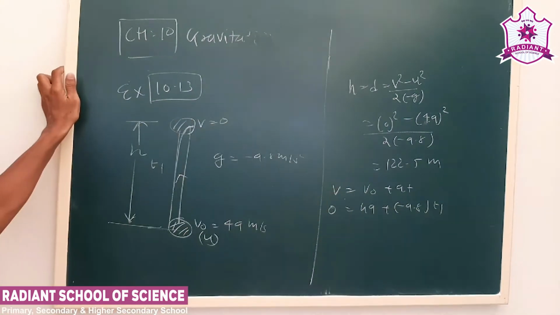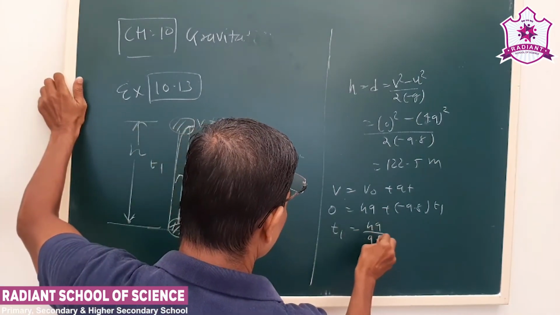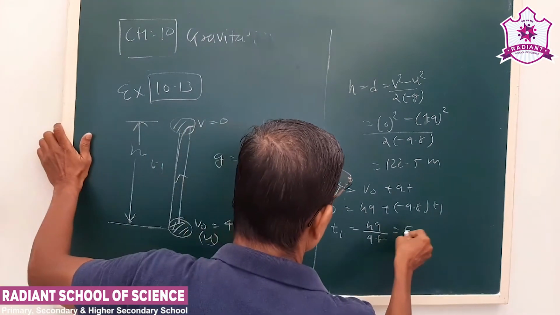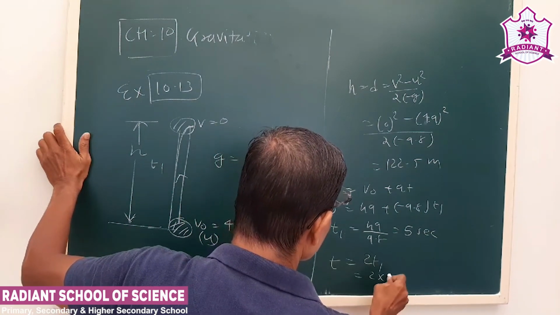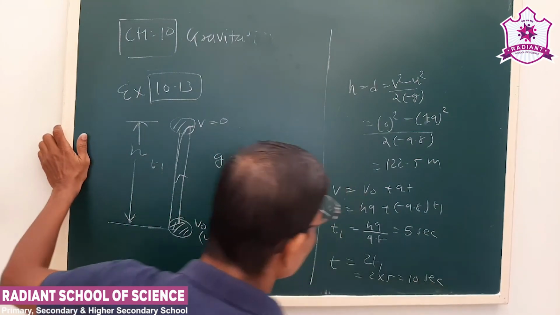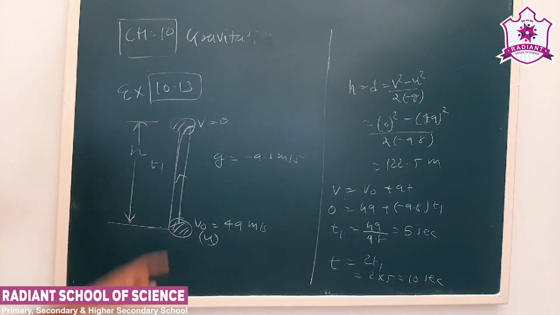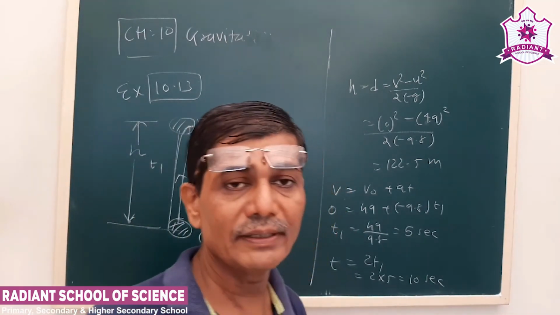So t1 is 49 upon 9.8, which is five seconds. Time is 2 times t1. Whatever time it takes to move up to maximum height, the same time it will take to come back. So the time to reach the surface of the earth will be 10 seconds.